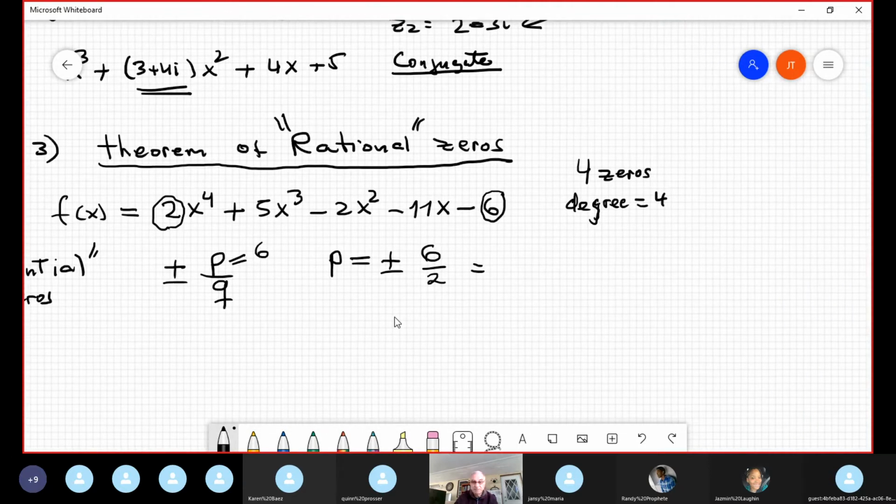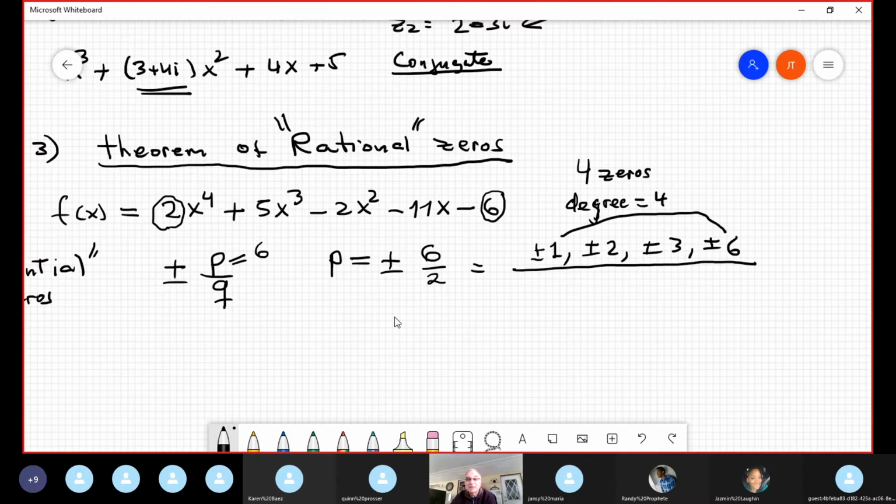So basically, instead of 6, you put plus or minus 1, plus or minus 2, plus or minus 3, plus or minus 6. Where does this come from? Because on the top you have 6. So 1 times 6 is 6, and 2 times 3 is 6. These are the divisors of 6. If you are doing the factorization, it is 2 and 3.